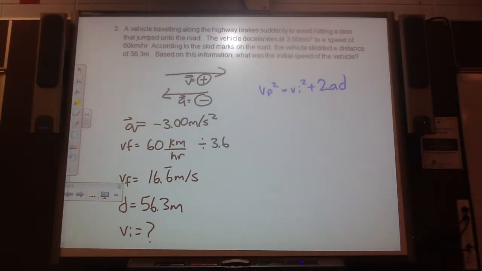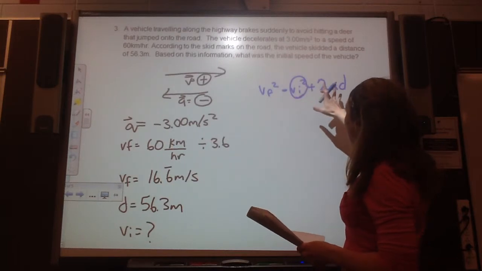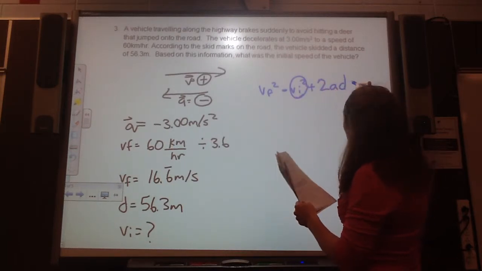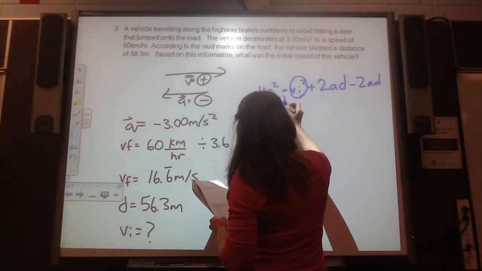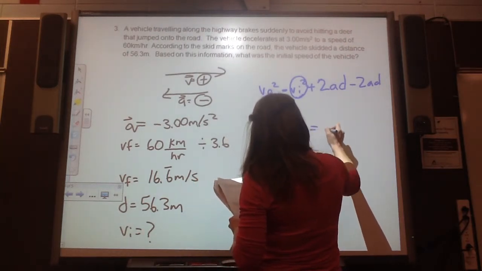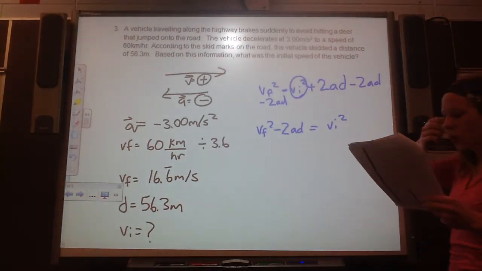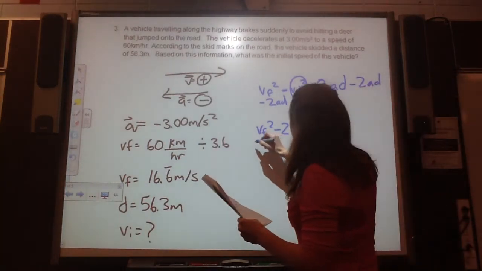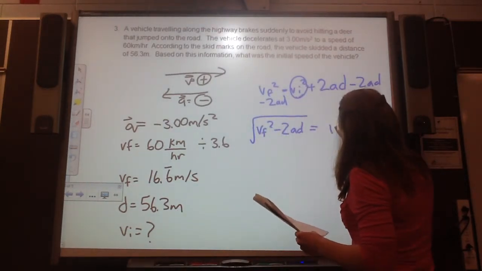Okay? I want to solve for VI, so I think I should rearrange the formula first. I want to isolate VI. Right now, VI squared is added to 2AD, so I'm going to minus 2AD on both sides. So now I have VF squared minus 2AD is equal to VI squared. I want VI by itself, so I'm going to square root VI and square root the other side.